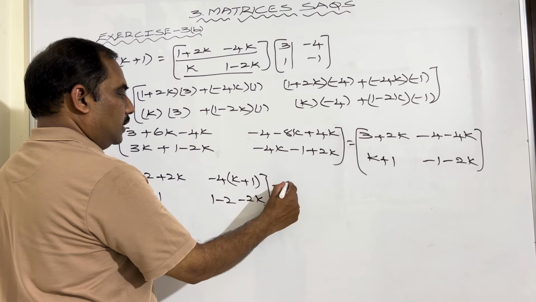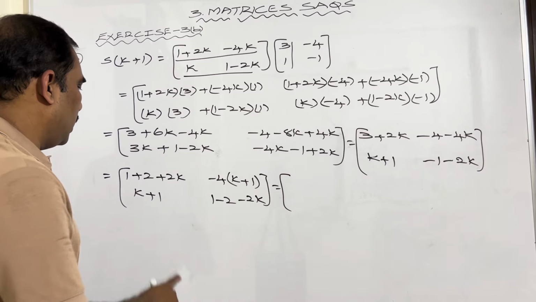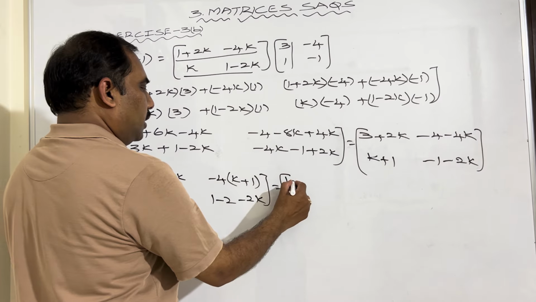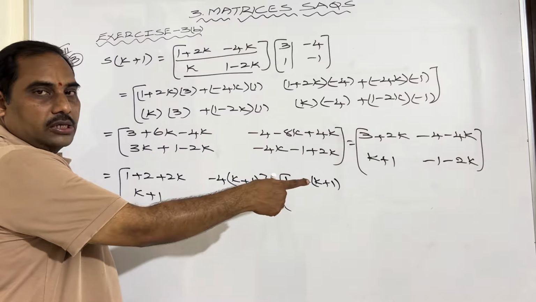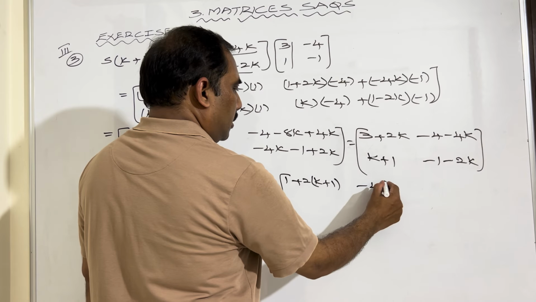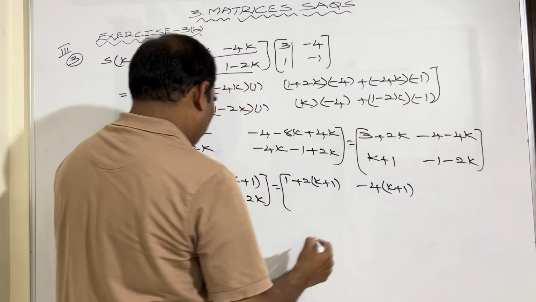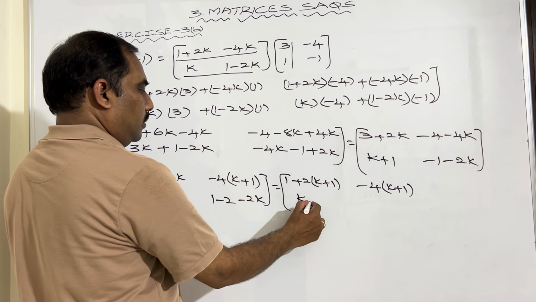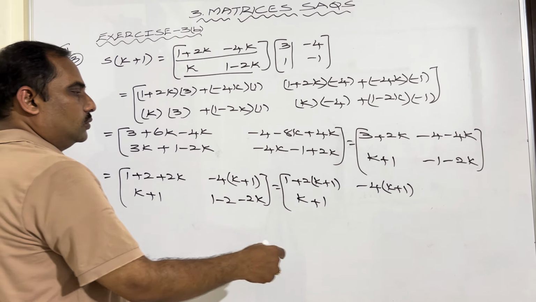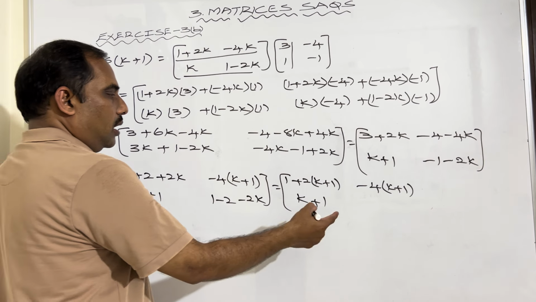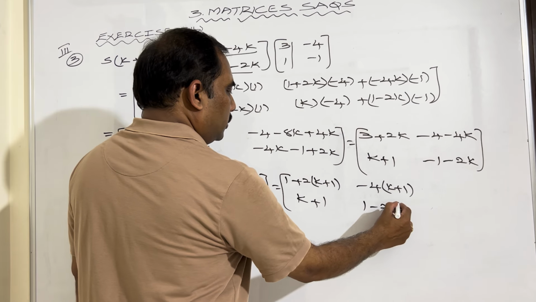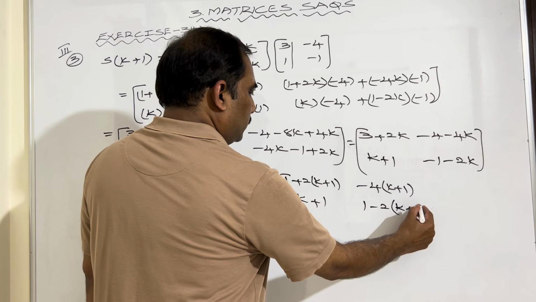So now, 1 plus, taking 2 common, 2 into k plus 1, and here minus 4 into k plus 1, and here k plus 1. Taking minus 2 common, 1 minus 2 into 1 plus k, or k plus 1.